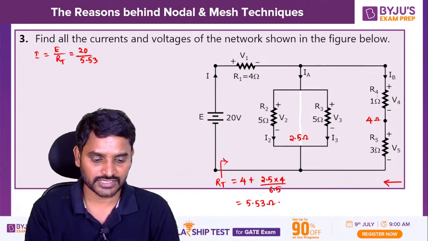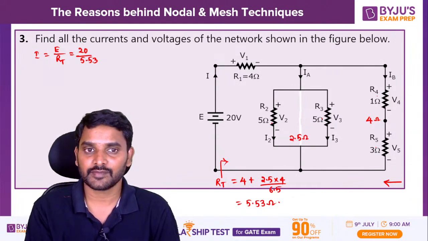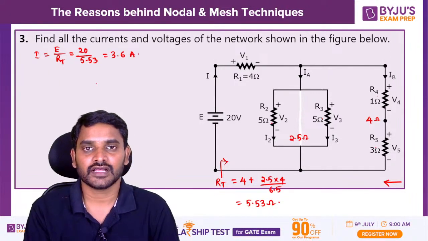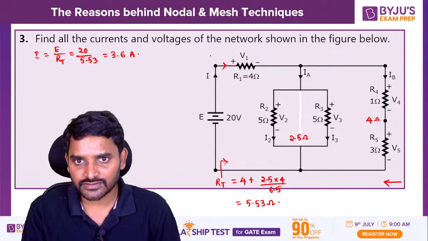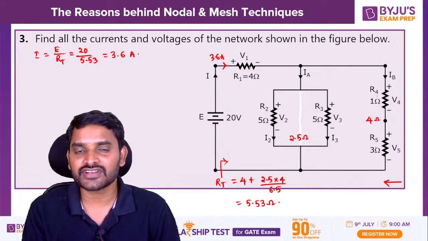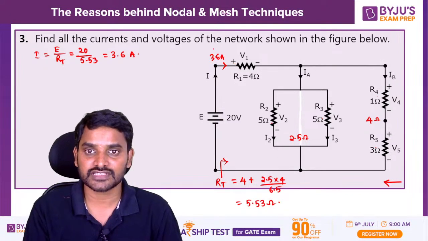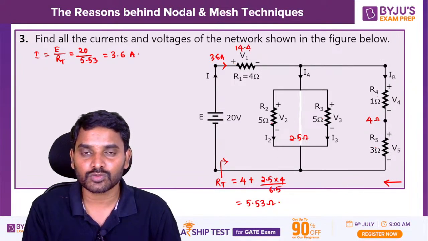I am getting it as around 3.6 amperes. If 3.6 amperes flows through this resistor, 3.6 into 4, more than 12 volts, is around 14.4 volts drop.